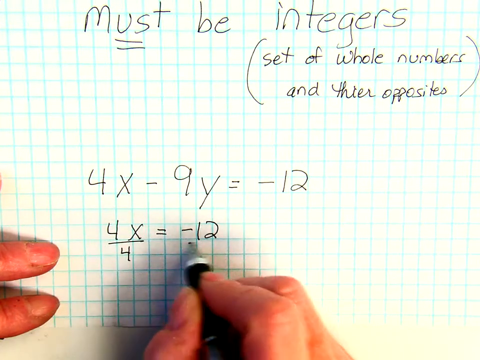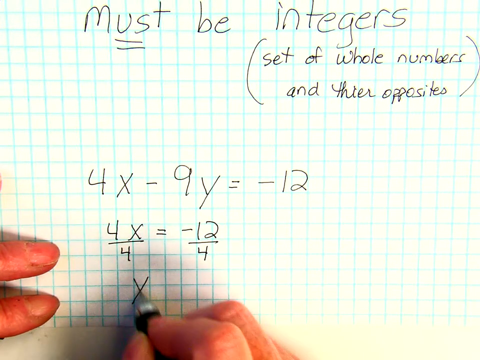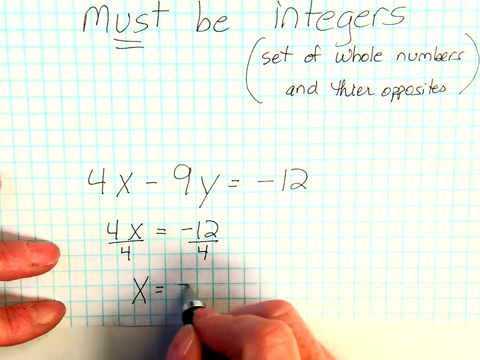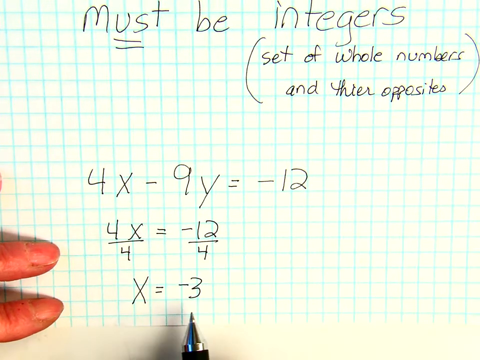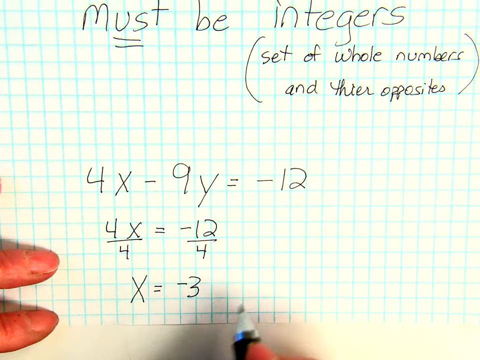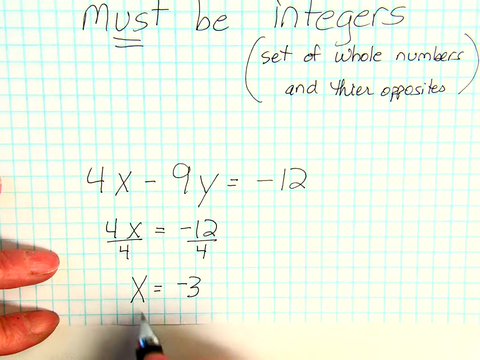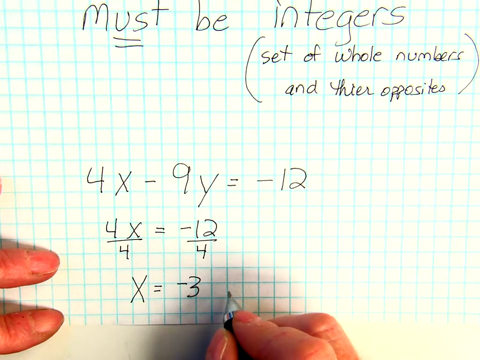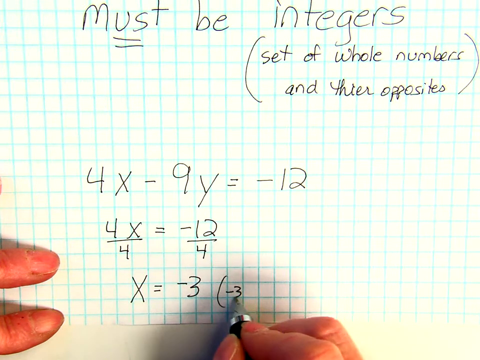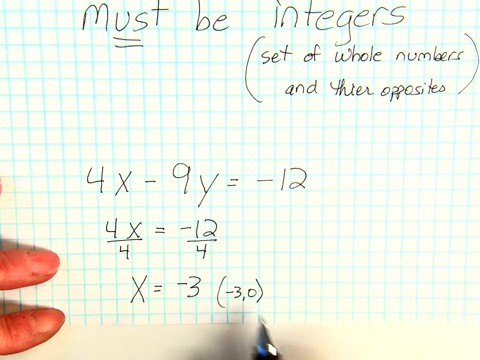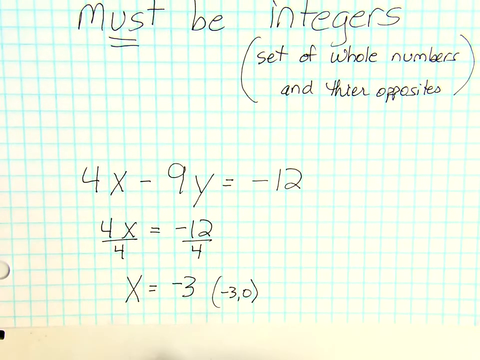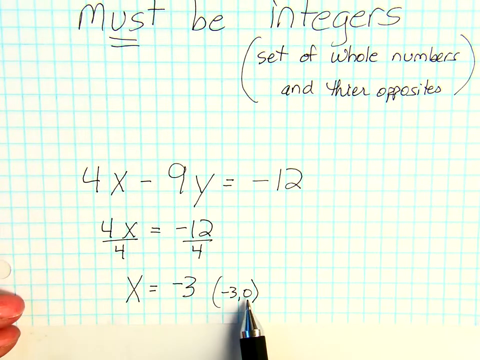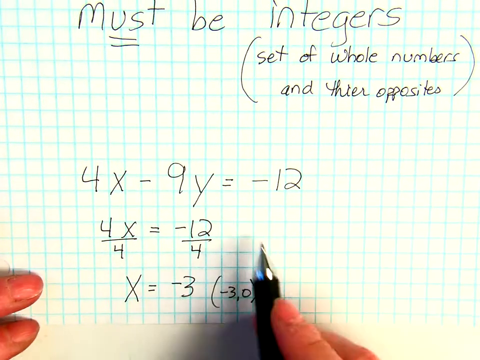If I solve for that, x is equal to negative 3. So my x-intercept has coordinates negative 3, 0, because that's where it crosses when y equals 0.